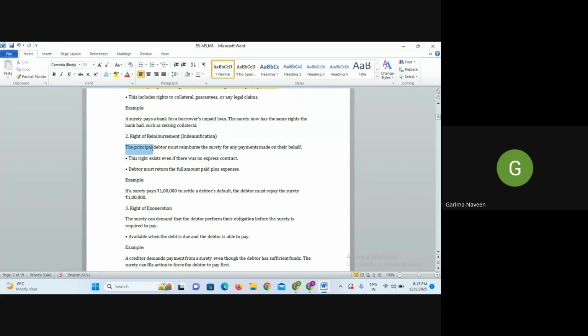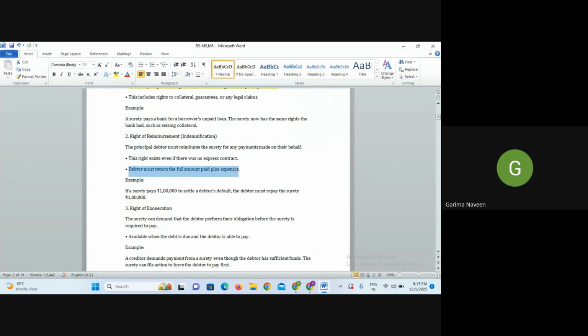So it is the liability of the principal that he should reimburse the amount to the surety if he is paying on his behalf. This right exists even if there was no express contract. So even if it is not explicitly stated, there is no such contract, but still it is the obligation of the principal that he has to pay back to the surety.